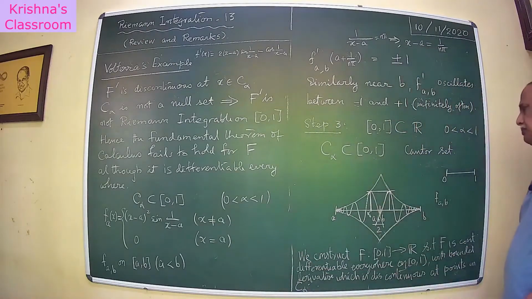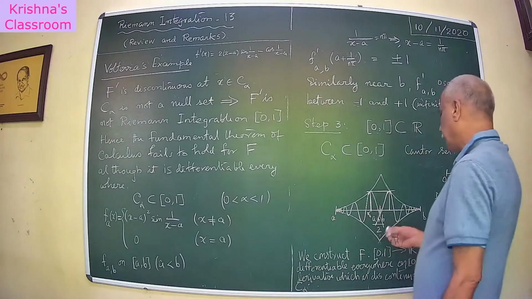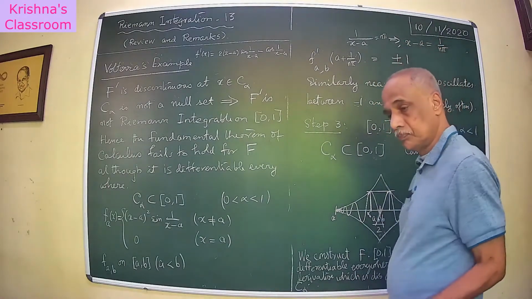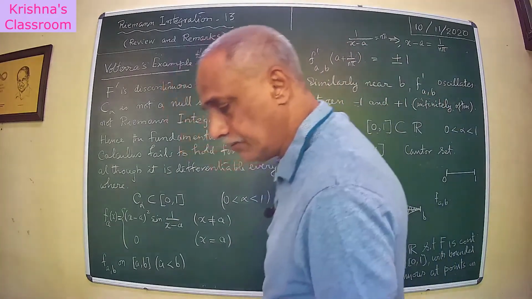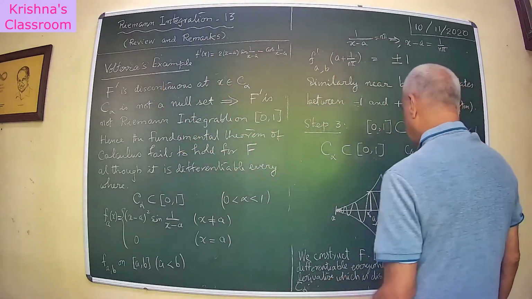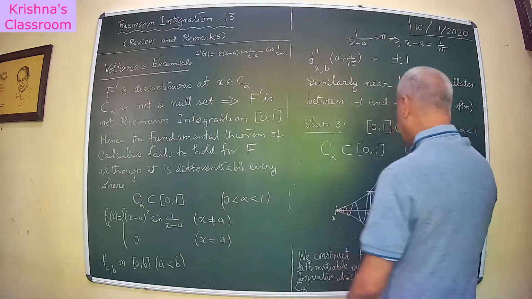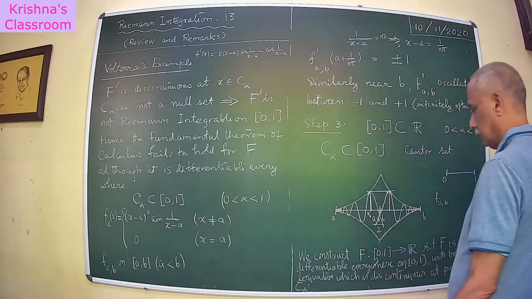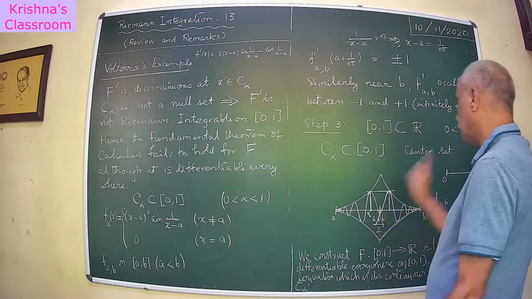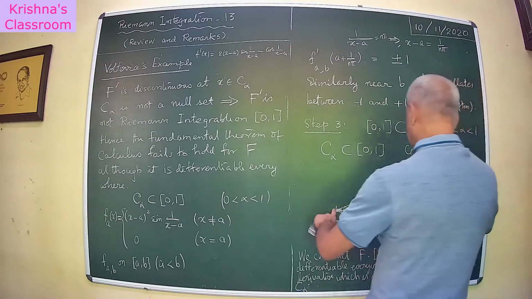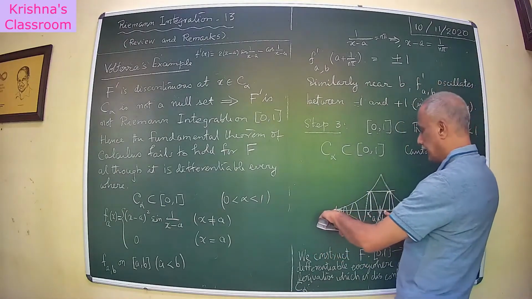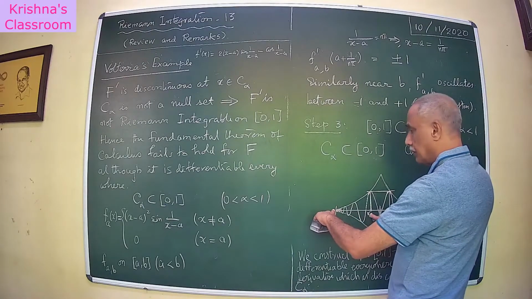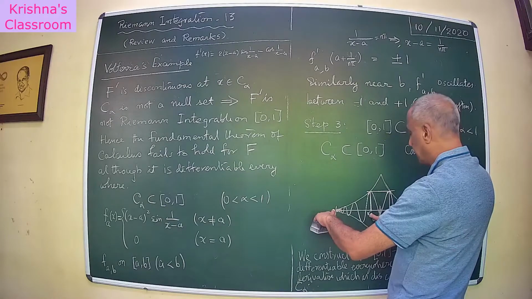All these are possible. What you pick up is a point alpha A, which is the supremum of the points where f derivative AB is equal to 0 and less than a plus b by 2. So it is lying between a and a plus b by 2, and this is the last point where f derivative AB is 0.